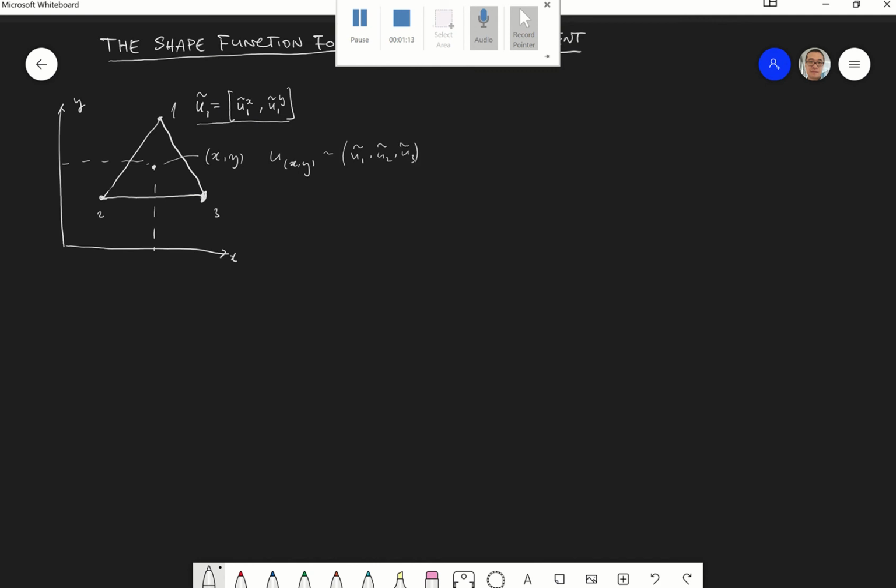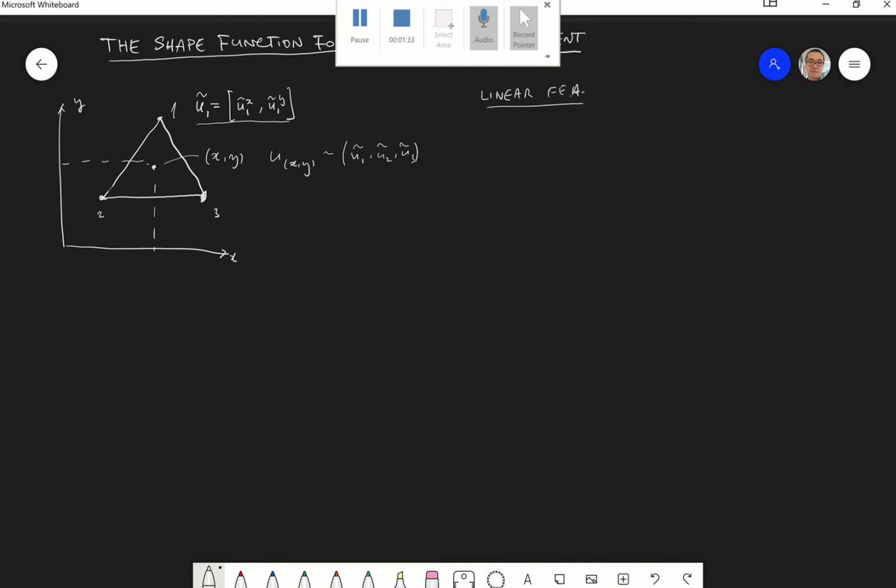So that's the idea of the shape function. Okay, now in this course we're going to assume that everything is a linear relationship. So we're doing linear finite element analysis.